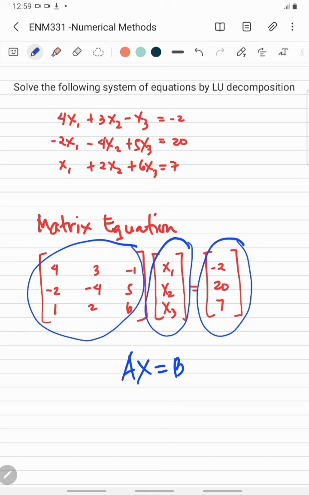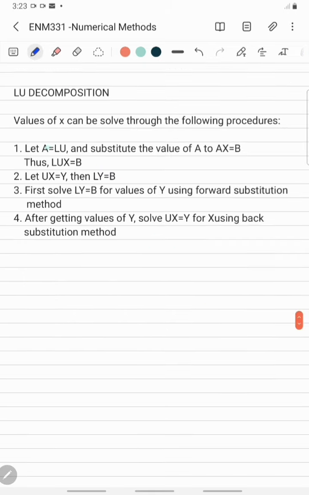The values of X1, X2, and X3 can be solved by the following procedures using LU decomposition. So these are the procedures. We will let matrix A equal to L times U. L is the lower triangular matrix and U is the upper triangular matrix.